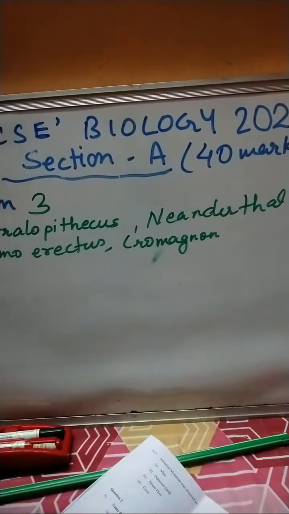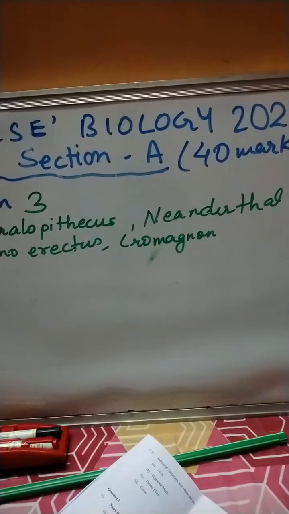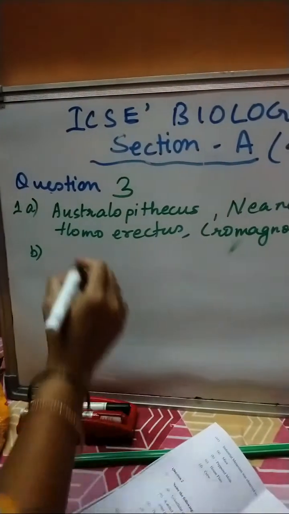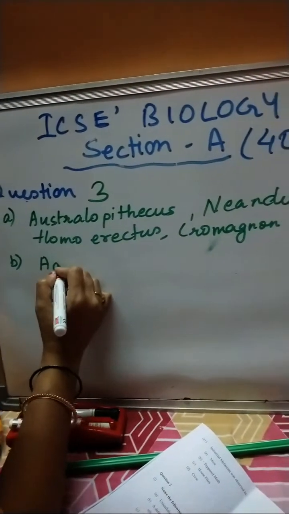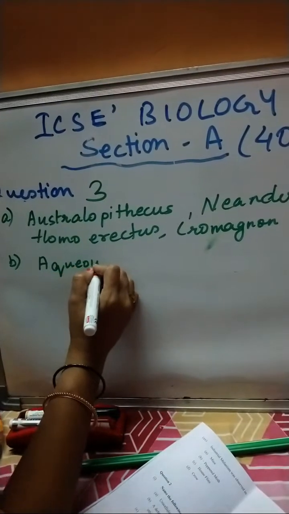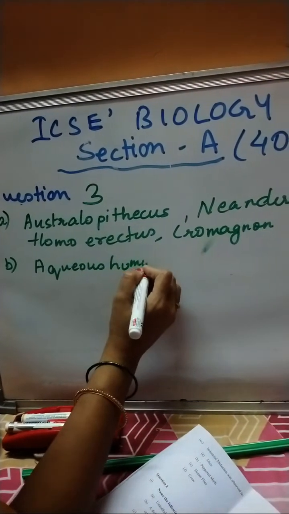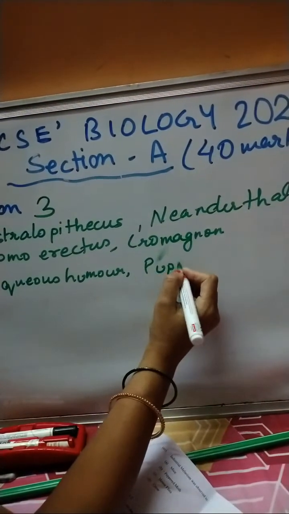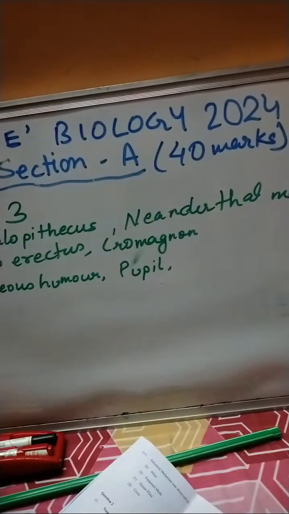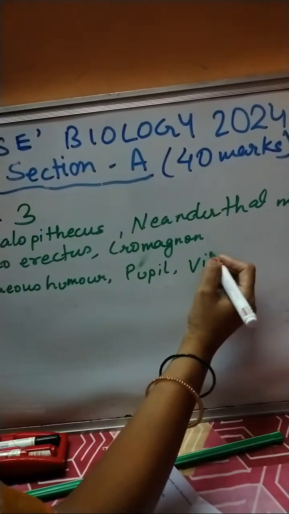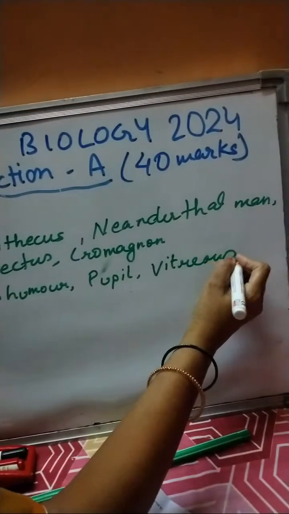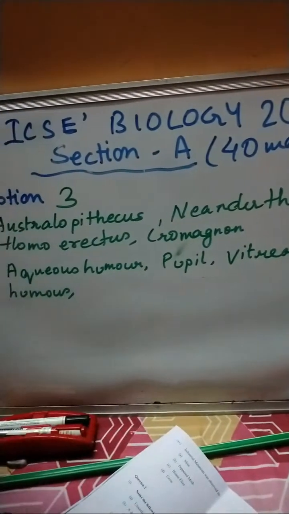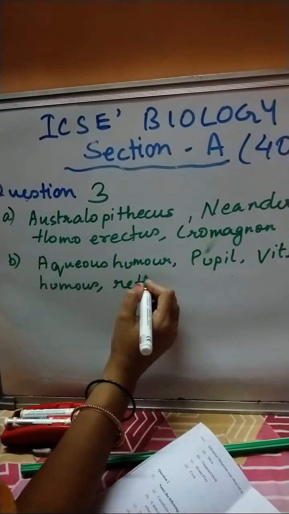We'll go to the next one. The question is pupil, aqueous humor, retina, vitreous humor. So starting with the aqueous humor, next comes pupil. Next comes your vitreous humor. Then comes retina.